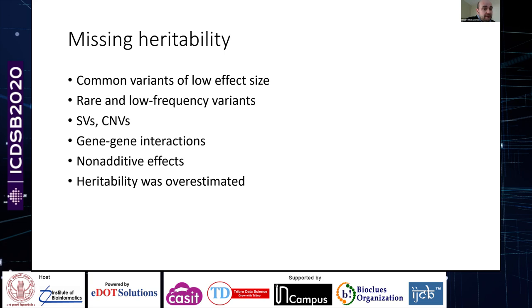So where does the missing heritability come from? It can be attributed to common variants of low effect size, and with the growth of recent sample sizes, those variants can become genome-wide significant, and those are the ones in the red color in the previous slide. Then there are the rare and low frequency variants, as I already mentioned.